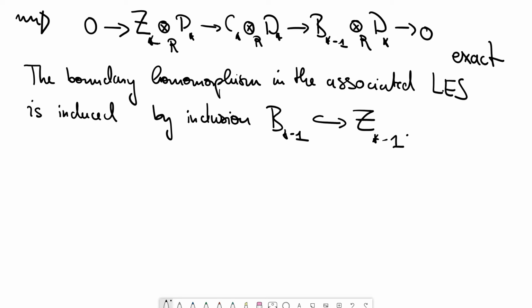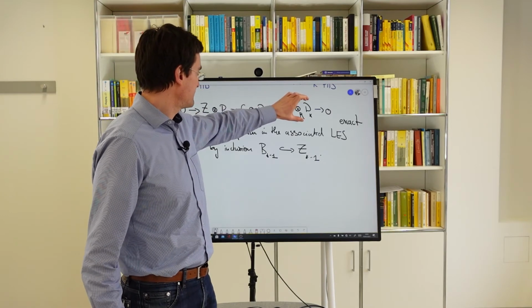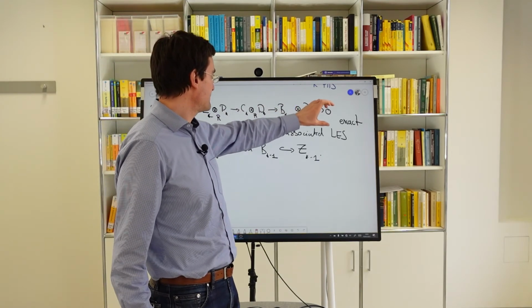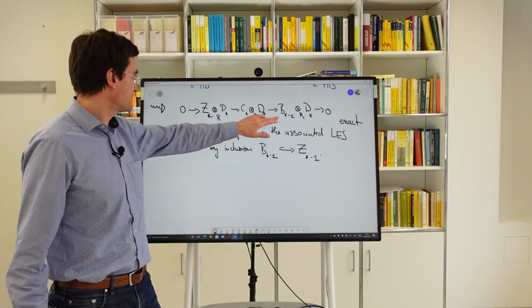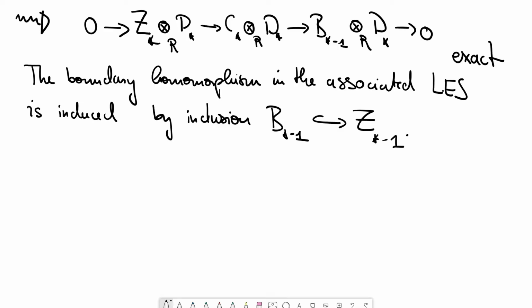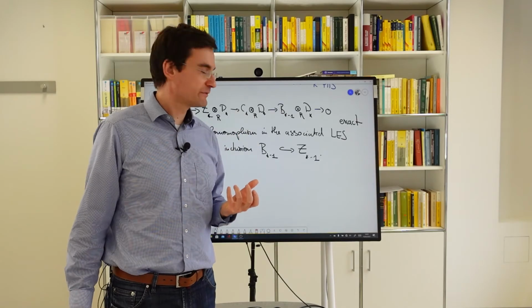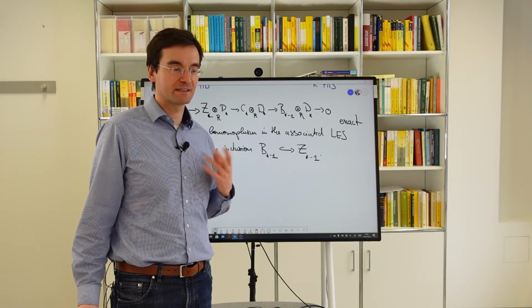Also, the boundaries lie in the cycles, and if you look at Hn of this, then the boundary homomorphism goes to Hn minus 1 of that complex. And you see, because of this shift, it makes sense to say that this is induced by this inclusion, tensor the identity on D star. And you really have to look now at the construction of how we found this boundary homomorphism, and then you can figure out that this is really indeed induced by the inclusion. It's something that I won't do now.